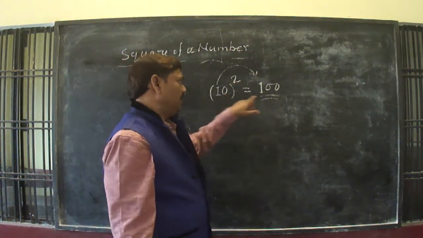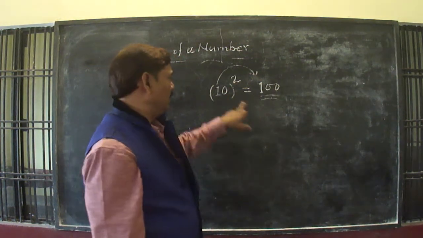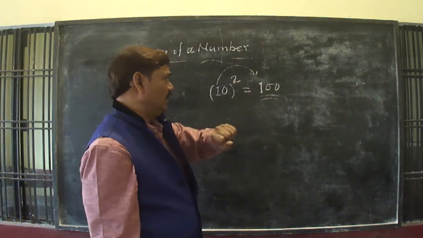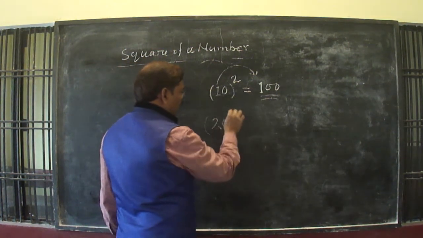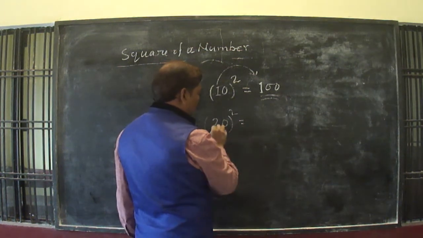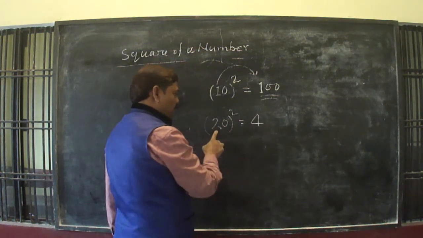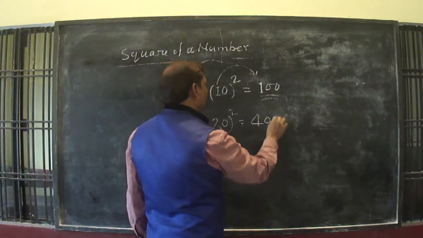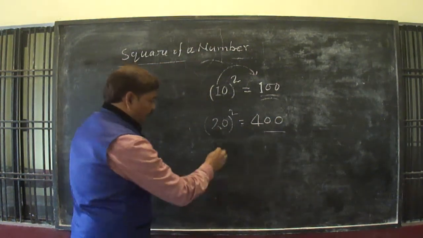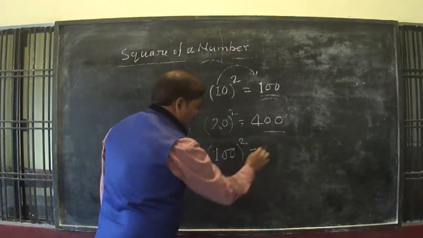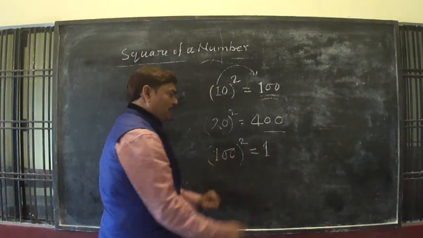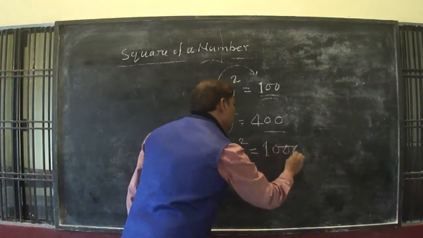If we have the number 10, then put 1 and then put in the square 2 zeros. Similarly, if we want to square 20, then we get square of 2 is 4 and 2 zeros. If we have 100 squared, then square of 1 and put 4 times 0. 1, 2, 3, 4 times 0.